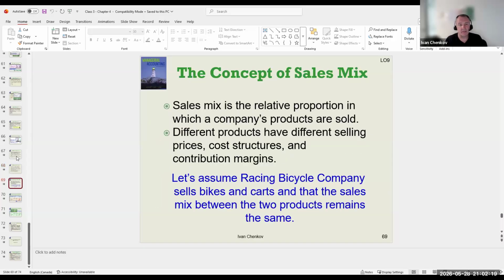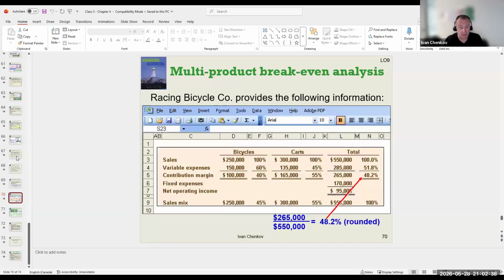The last thing that is left is the concept of the sales mix. The sales mix is when you have two different units and you're selling both units, but you never change the proportion. The proportion of the sales doesn't change. So how can I get the break-even here?